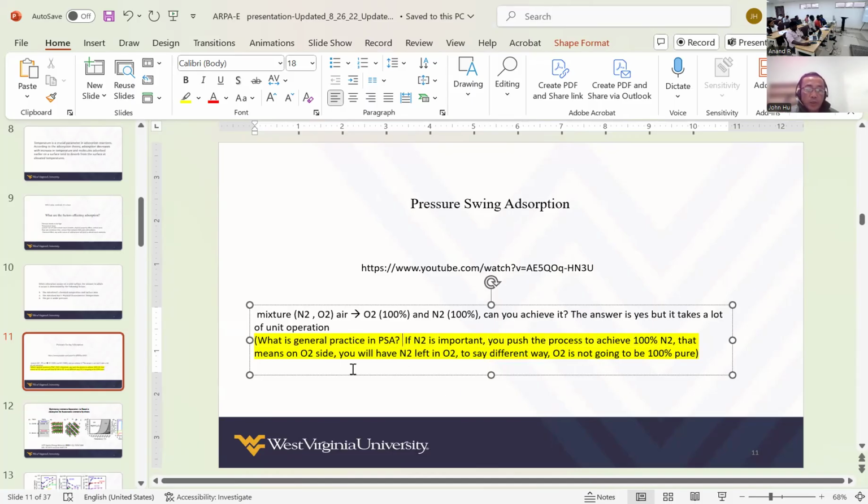That means on the O2 side, you will have N2 left. To say it a different way, O2 is not going to be 100% pure. It could be 90%, which is okay because your objective is N2. And vice versa. If you want O2 100%, that means on the N2 side, you have oxygen left over. That's general practice in pressure swing. You will never get both 100%.